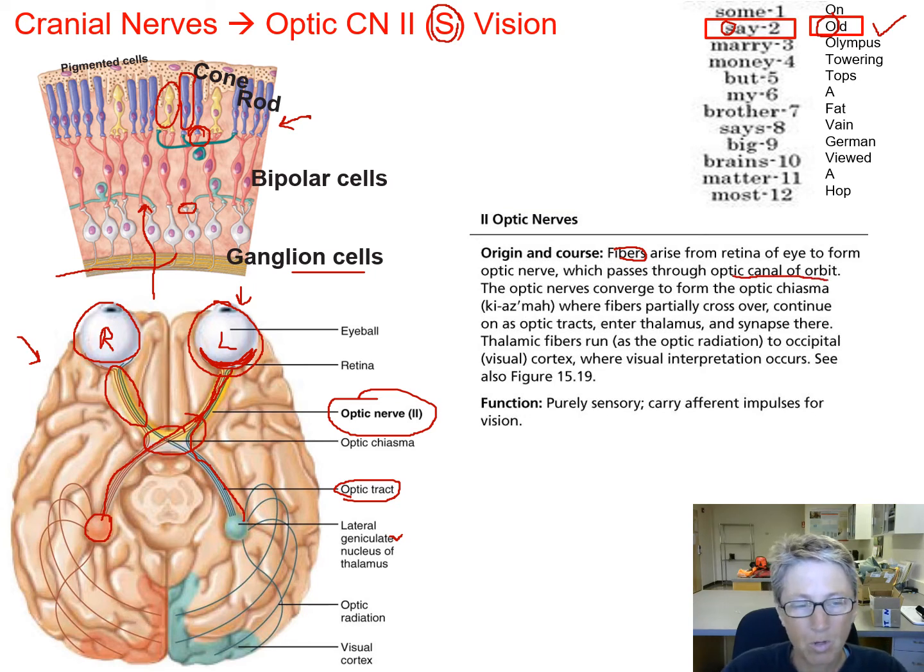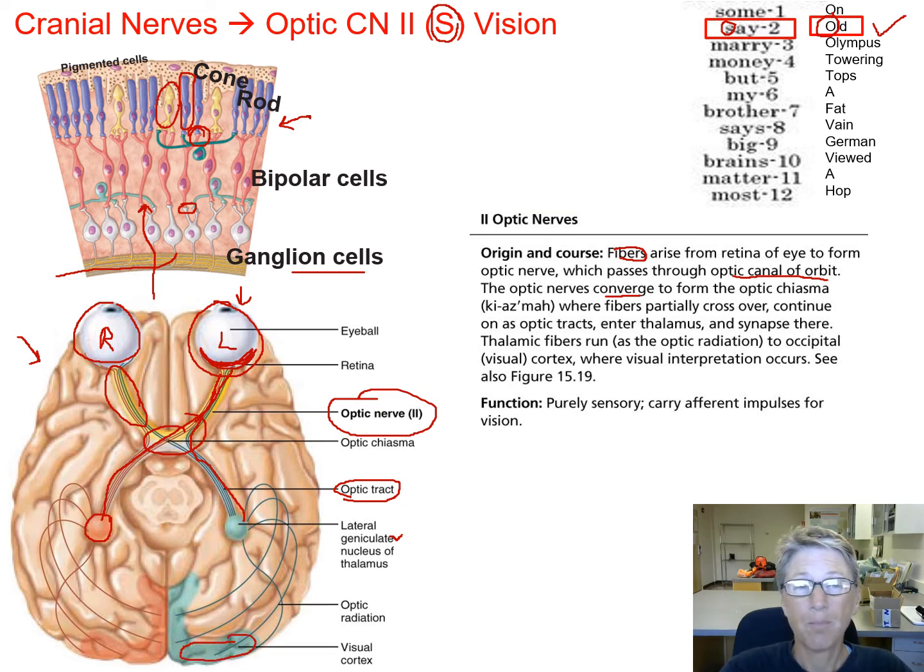And then we talked about how the optic nerves converge to form the optic chiasm, where they do hemidecussation, and then the fibers go to the optic tract. They go into the thalamus, and then from the thalamus, they synapse there, and then those axons run back here to the visual cortex.